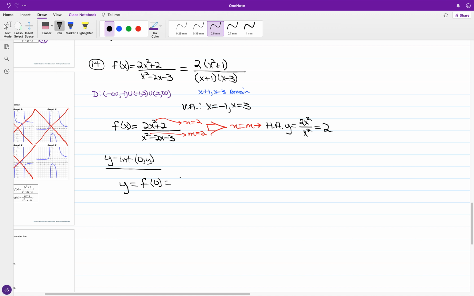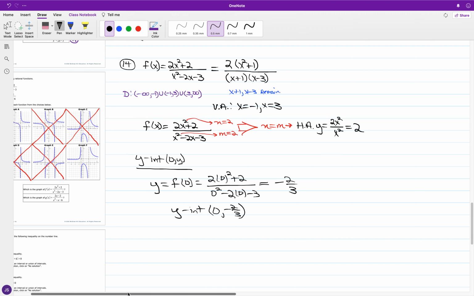Okay, so this will come down to -2/3. So the y-intercept is going to be at (0, -2/3).